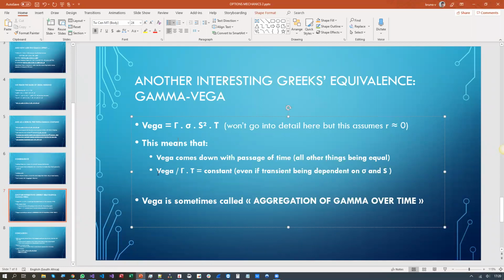And what it shows is something that we understand without putting numbers or formulas to it. We know that Vega tends to reduce, especially towards the end of the trade.